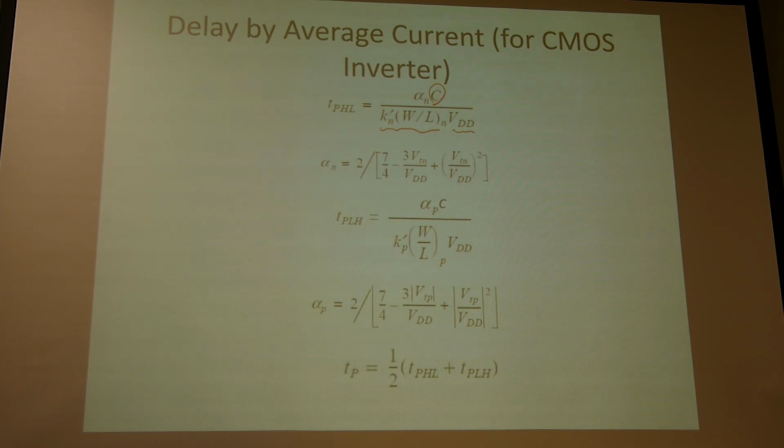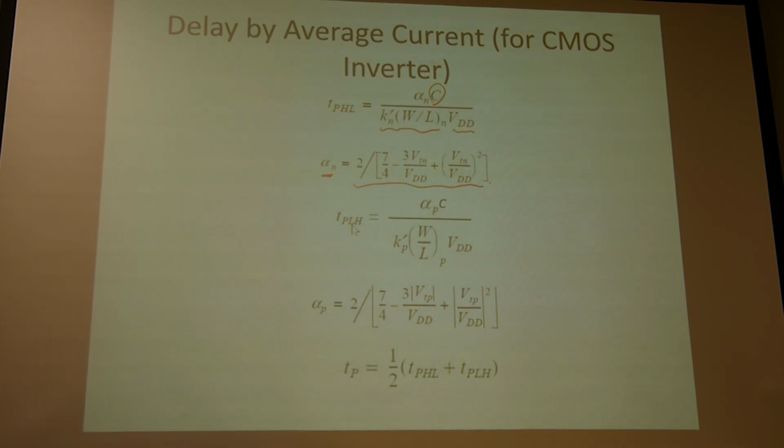And here there's another parameter, alpha, defined by this formula. So if you know all the parameters, you can plug in and get the delay. So this is the average current method. Similarly, you can get TPLH.